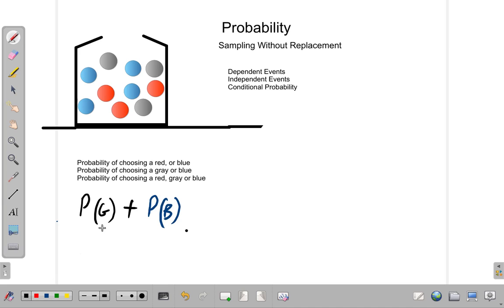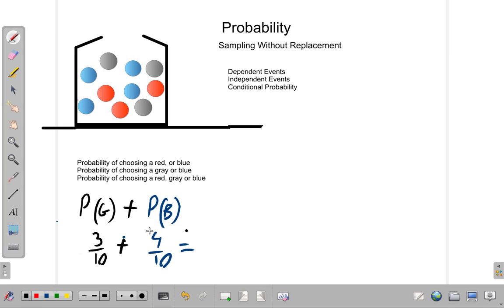So how many gray marbles you have? 3. 3/10 plus the probability, because remember you're picking the first time, you haven't picked before. If you had picked before and then you want to pick second time, I would have said this and that, but you're picking only once here, so it's either one or the other. Picking a blue, probability is 4/10.